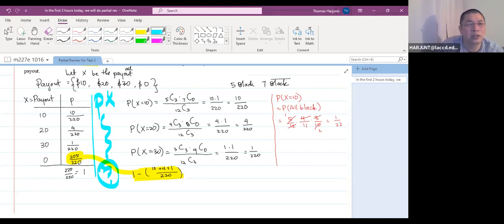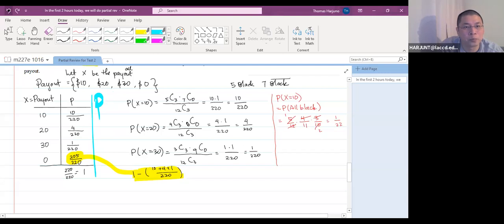Let's just extend it here, but I will use a different color because it's not part of the answer for the problem here. So let's say I extend it using the green color. So px, this is 100 over 220, this is 80 over 220, 30 over 220, and 0.